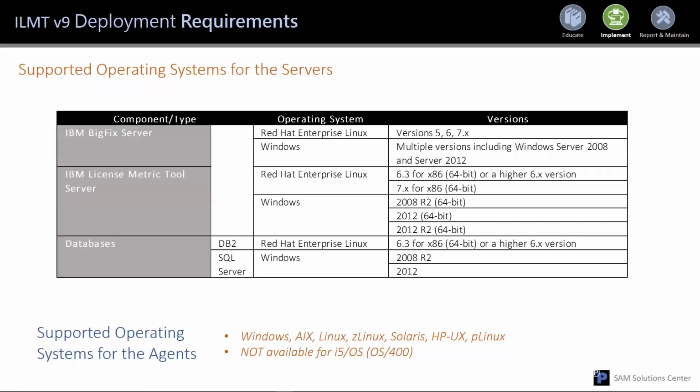So it's pretty universal. It's going to be supporting operating systems for the agents for Windows, AIX, Linux, z/Linux, Solaris, HP-UX, and p/Linux. And the only one it's not available for right now is for iSeries or AS/400.